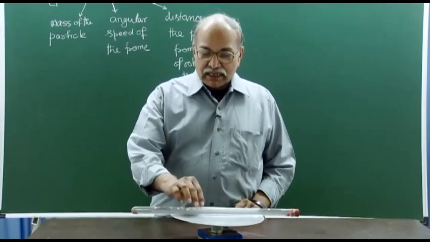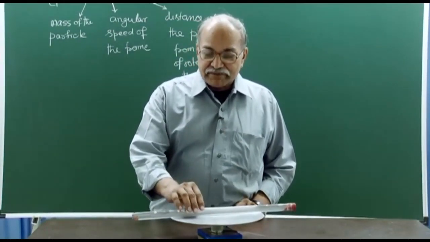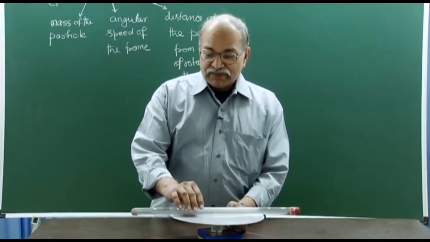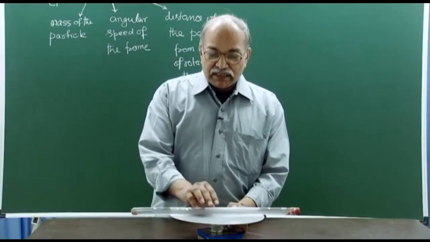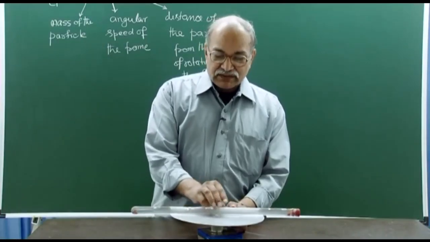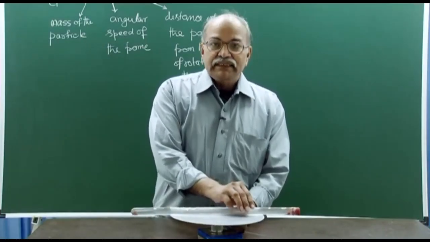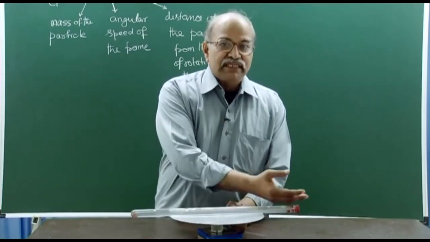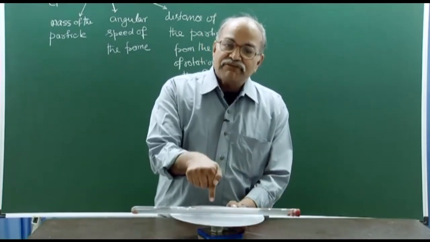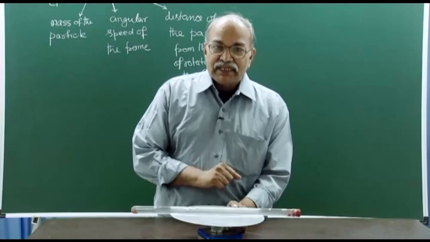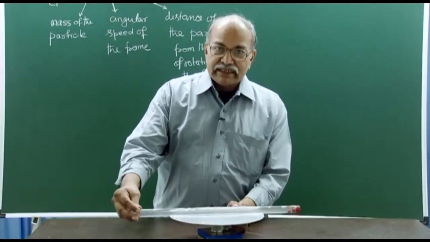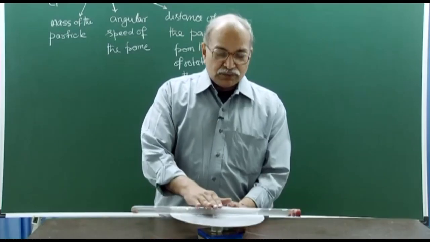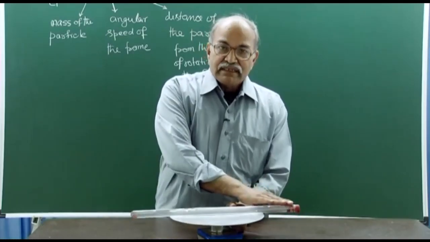So, if the particles are on the right of the center, the centrifugal force will be towards right. If the particle to start with is on the left of the center, then the centrifugal force is towards left. In each case, it is away from the center, and therefore, some of the stone particles get collected at the right end and some get collected at the left end.